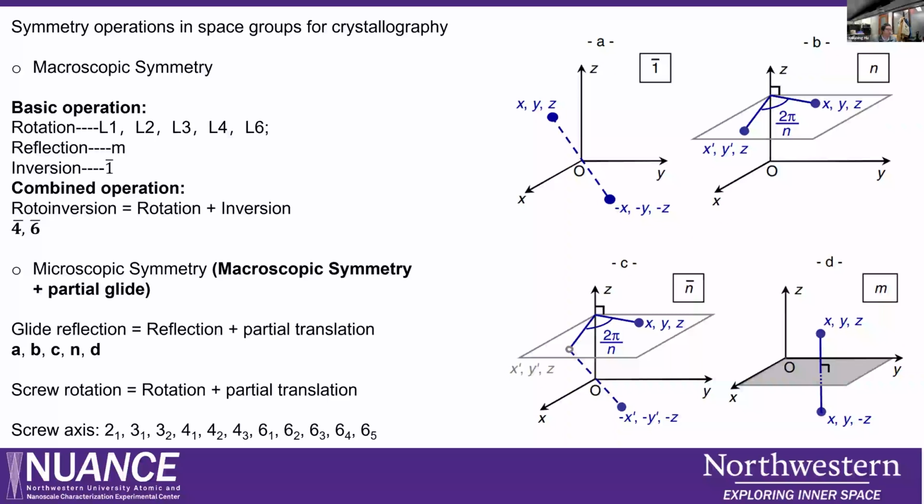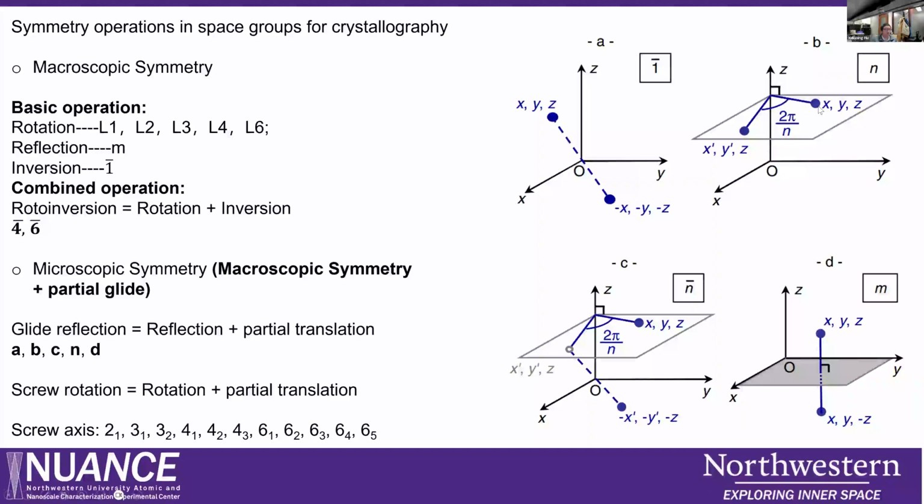L2 means a 2-fold rotation axis, meaning for example rotating 180 degrees you get another same point. Then there are the 3-fold rotation axis, 4-fold, and 6-fold.